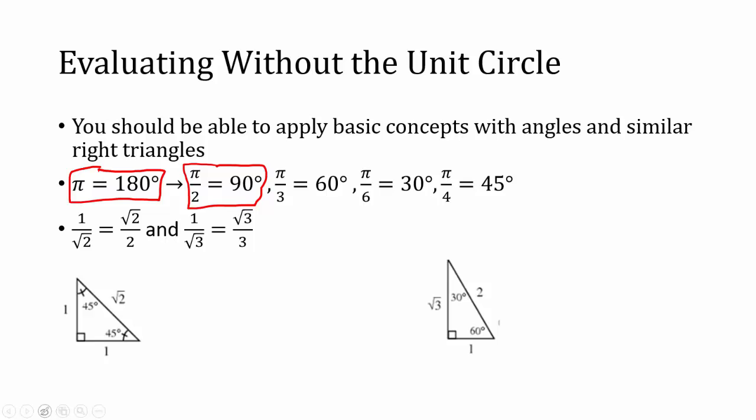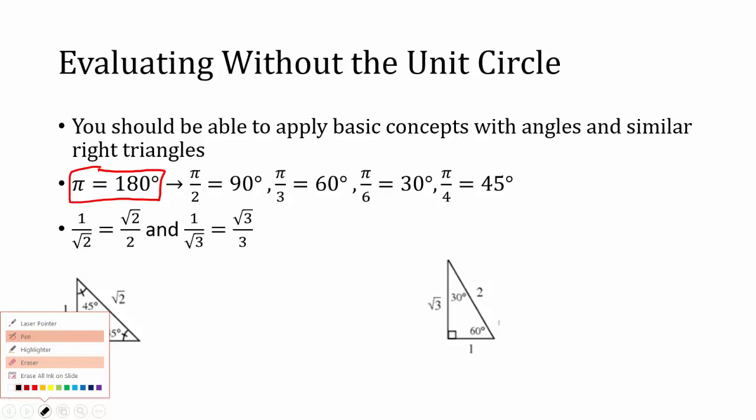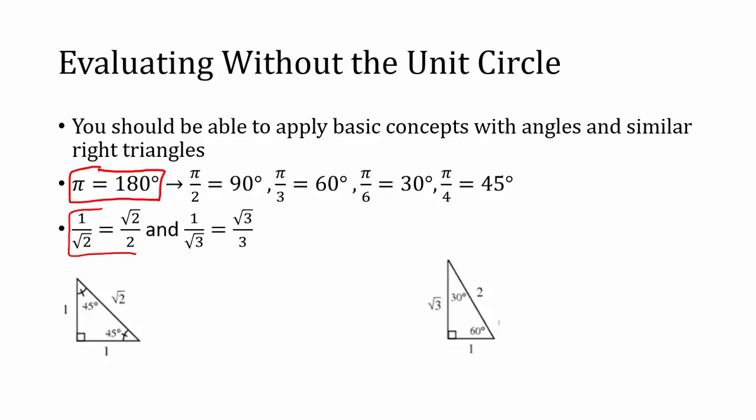Those are relationships that we're going to use all the time. We're going to see those come up again and again and again. So it's a good idea to be able to think fluidly about degrees and radians for special angles.